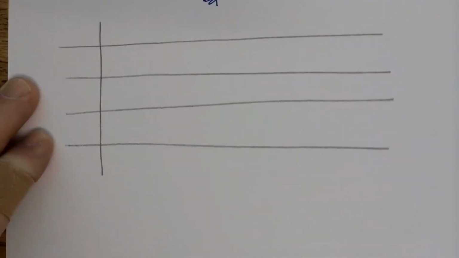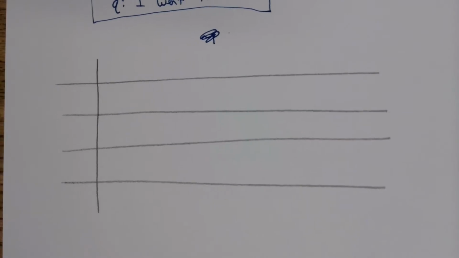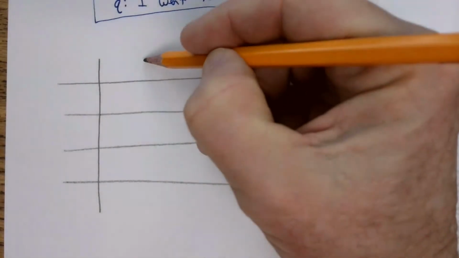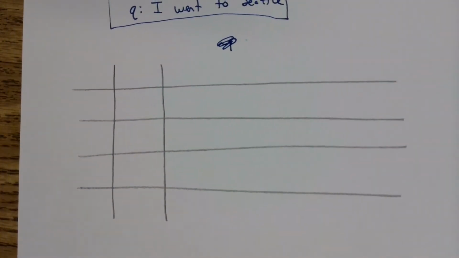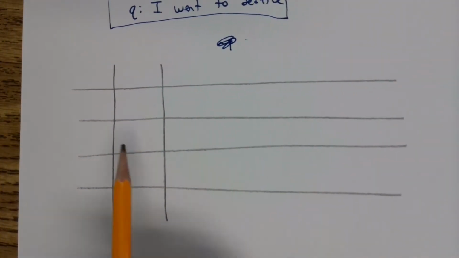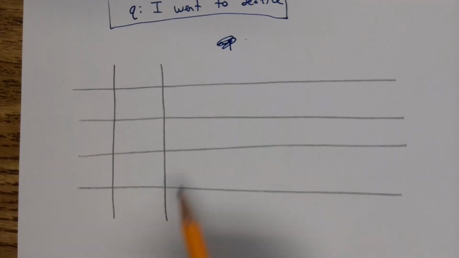Sorry. And make the screen big. Okay. So you should have 5 rows, and I don't know how many columns we're going to actually need.